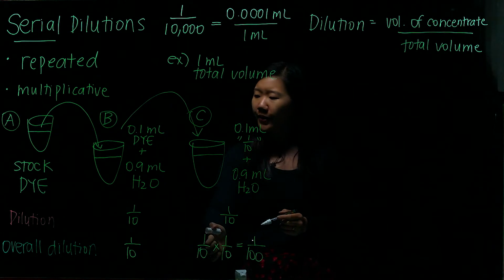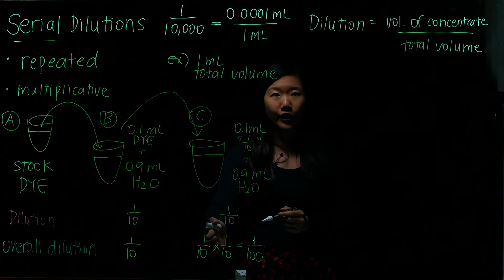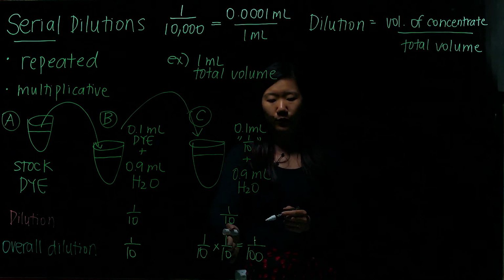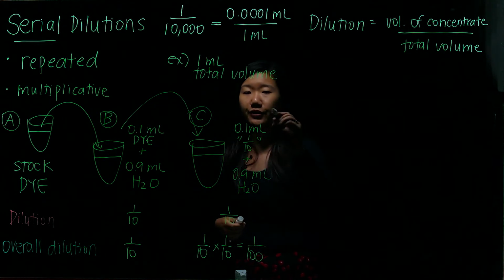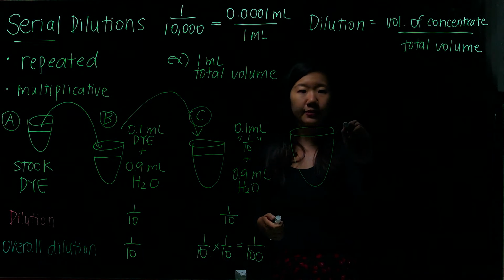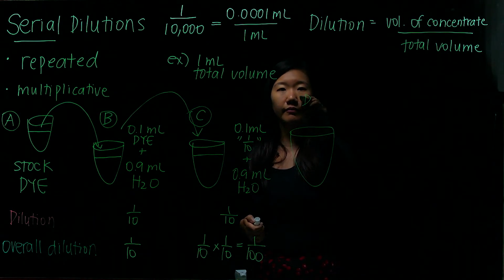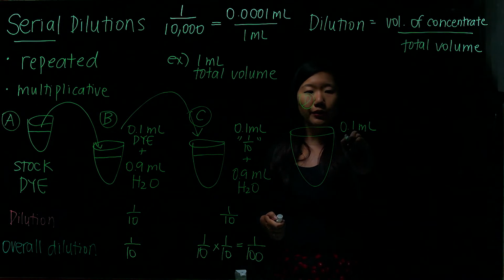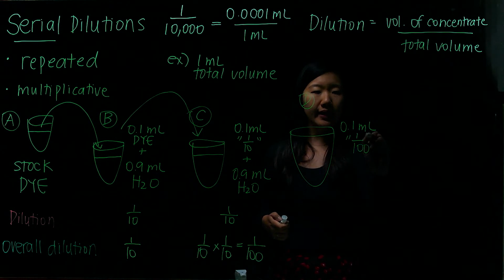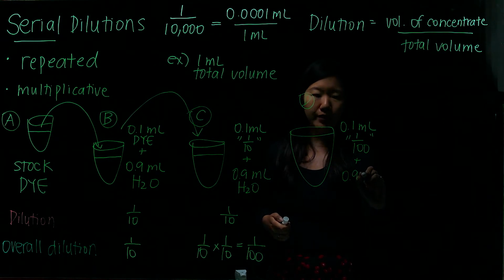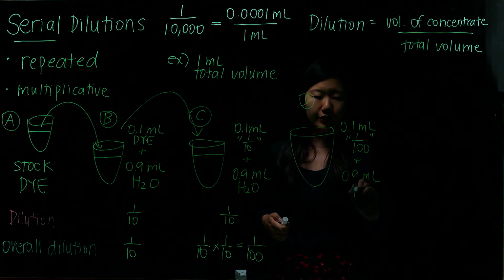And so now the overall dilution of tube C is 1 over 10 times 1 over 10, which is equal to 1 over 100. We could perform this again, where now we take the 1 over 100 tube to make our dilution.